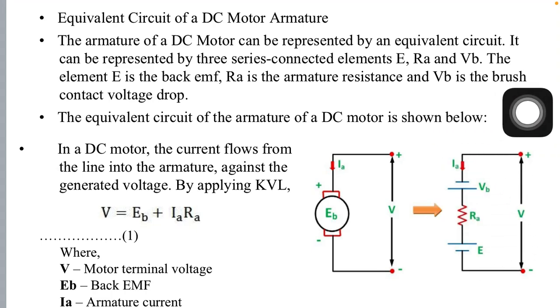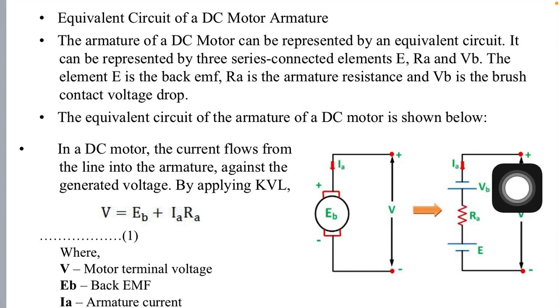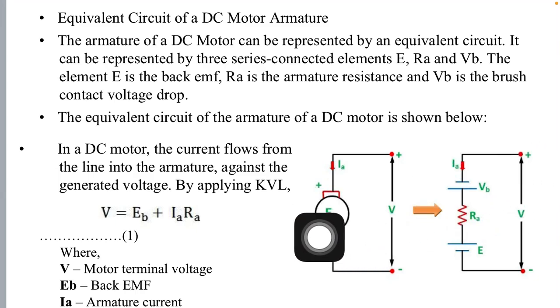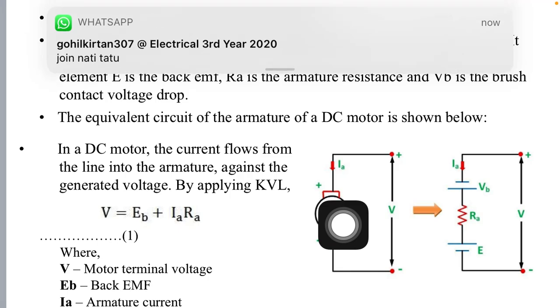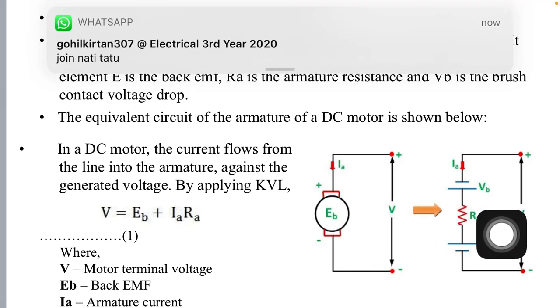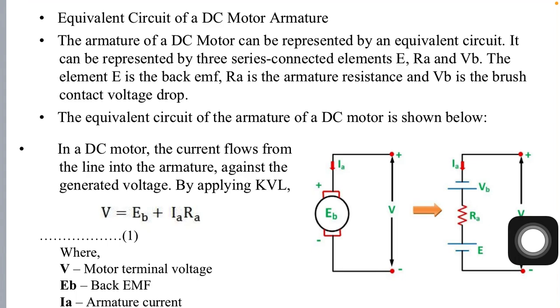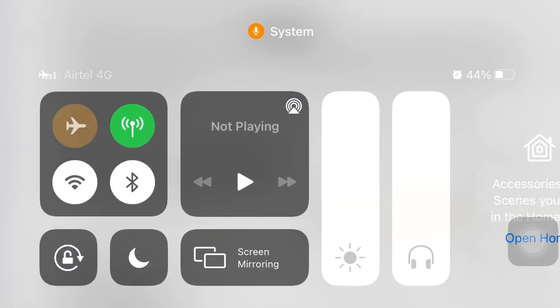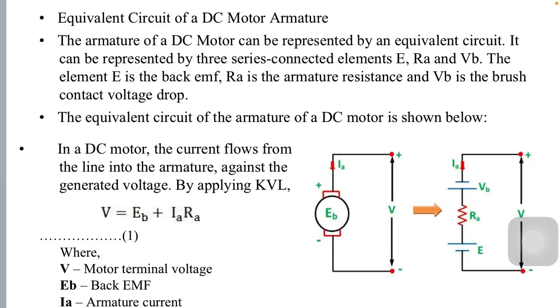So the back EMF is ultimately a voltage. It is a voltage source having a number of turns, so a resistance RA, and a terminal voltage V, and E is the EMF generated. In case of a motor we write the voltage equation V is equal to EB plus IA RA.